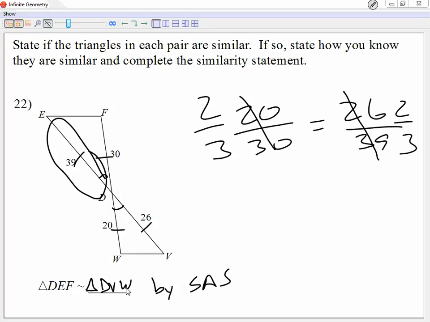Does it matter in what place you put the top numbers? Like when you name the sides 20 and 26, does it matter? As long as you keep both numbers that come from the same triangle, like the 20 and 26, both on the numerator or both on the denominator. If we had gone at the bottom instead of the top, and then the other one 30 and 39, if we were to flip it, it's okay.